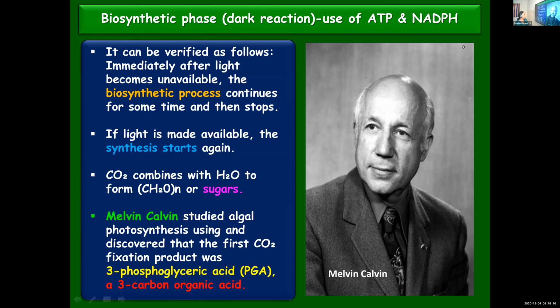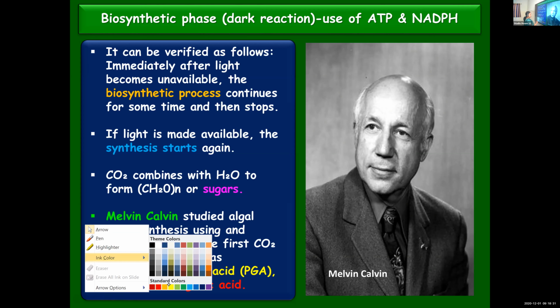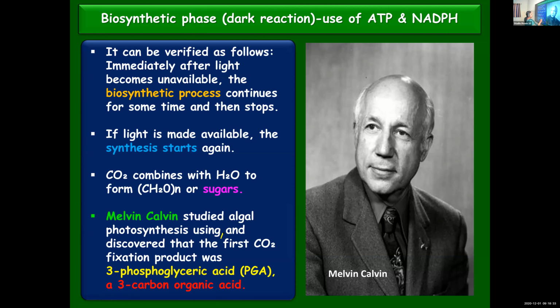And in which organism did he carry out studies to arrive at this conclusion? On alga. He carried out different photosynthetic studies using alga with the help of radioactive carbon, that is carbon 14.